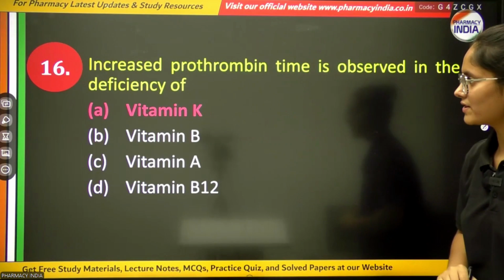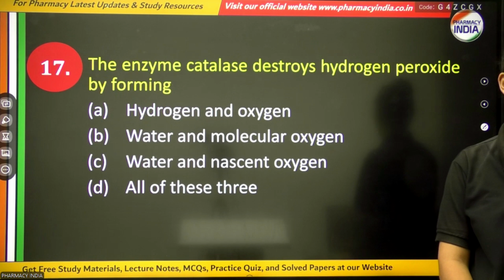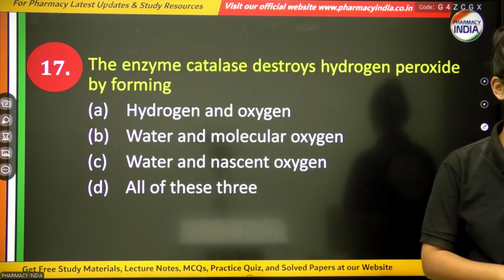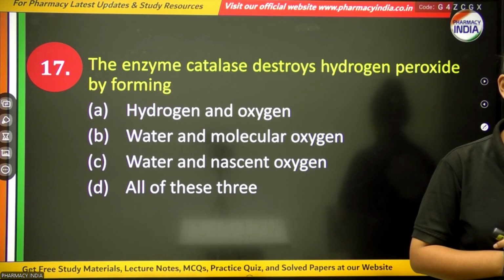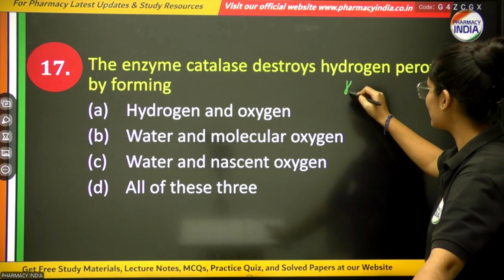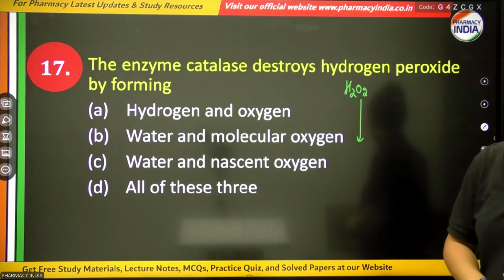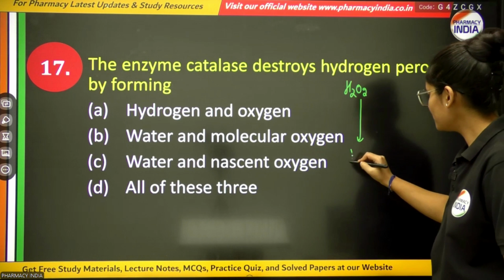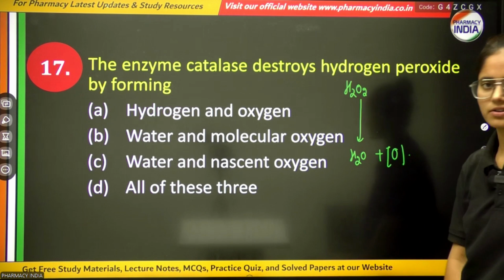Clear? Next question is, the enzyme catalase destroys hydrogen peroxide by forming hydrogen and oxygen, water and molecular oxygen, water and nascent oxygen, or all of these three. Basically, what is hydrogen peroxide? H2O2. With the help of catalase, it forms water and molecular oxygen.